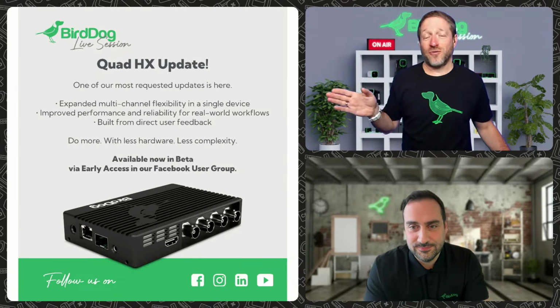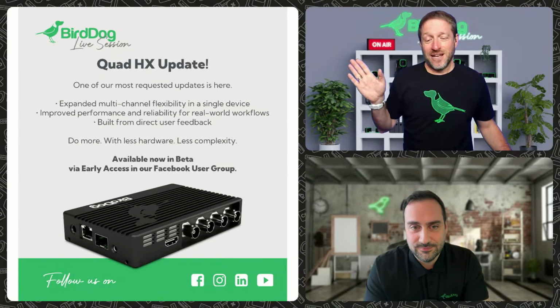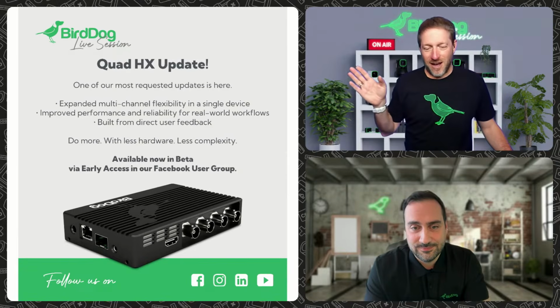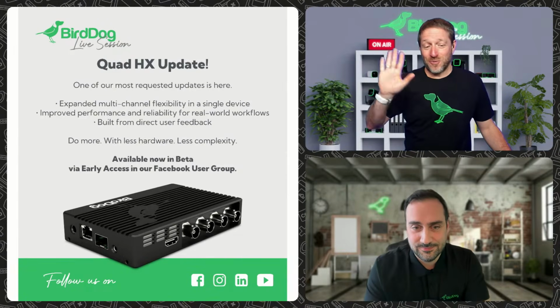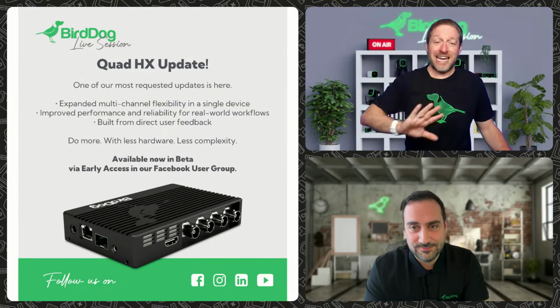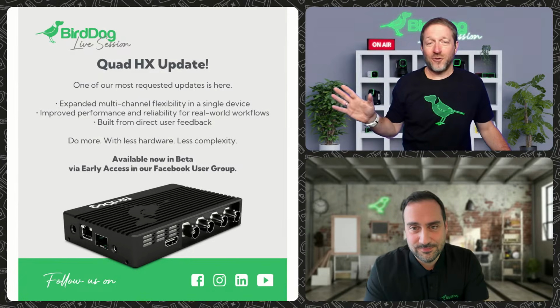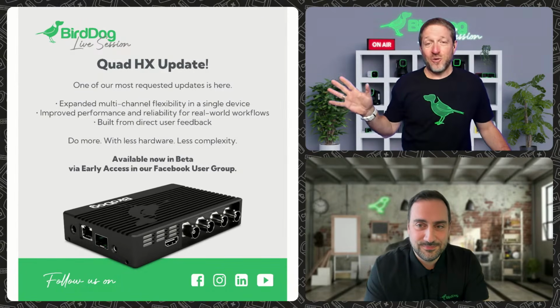You can go in and ask for it and put the HX codec on your quad. This product has a lot of capability that was never on the product brochure but has been added later, after the fact. I think a lot of quad users are going to be very, very happy with the ability to do HX on the quad.